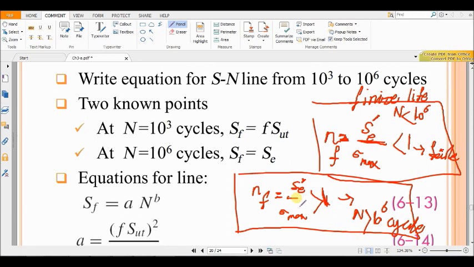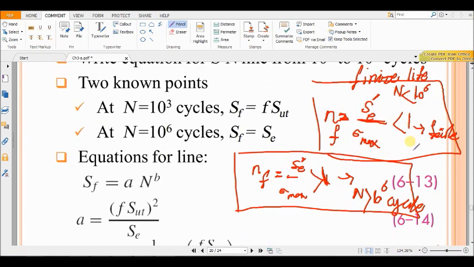Now let's say that I have found the fatigue safety factor and it is less than 1. I want to find out, if the life is not greater than 1 million cycles, how many cycles is the life of this part?